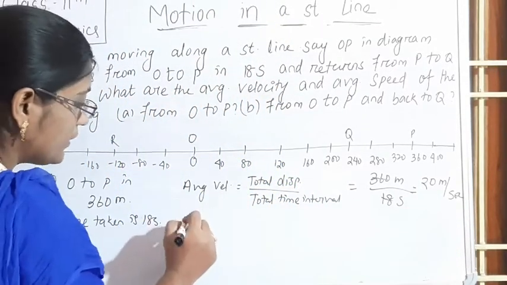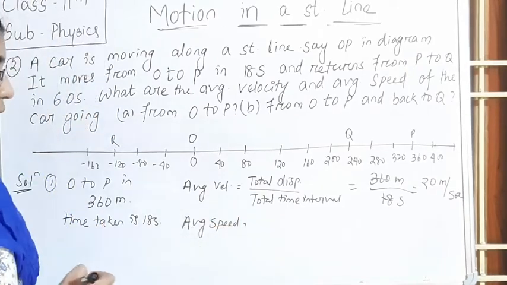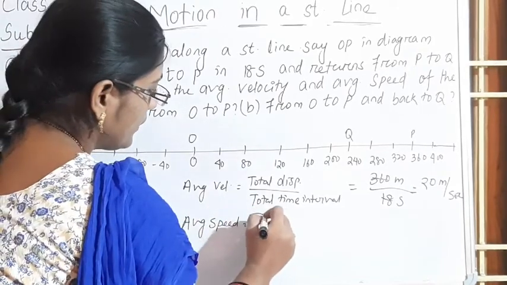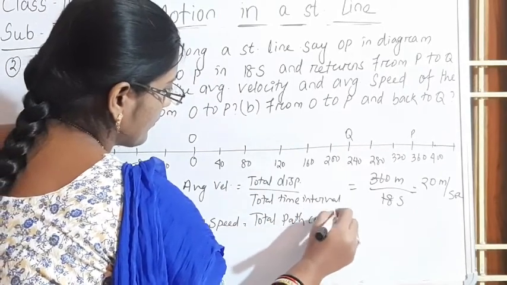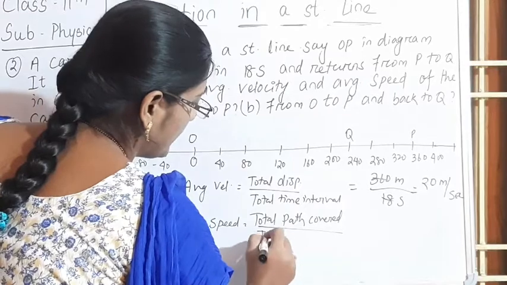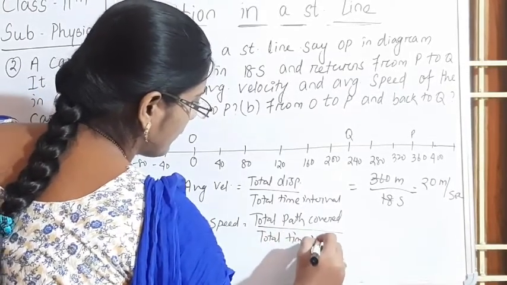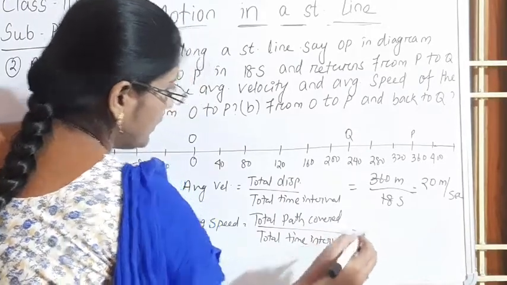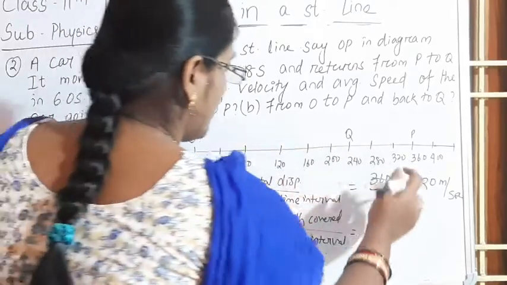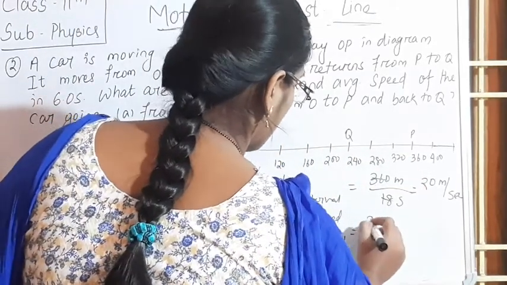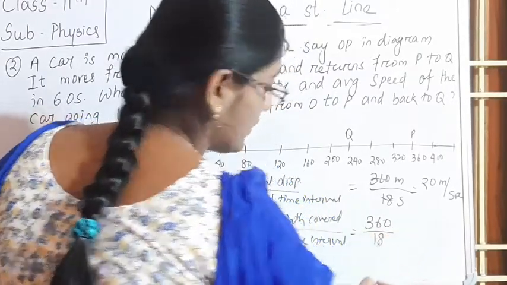Now we have to find the average speed. Here the formula is total path covered by total time taken, or total time interval, is equal to total path, which is 360, by time taken, which is 18.